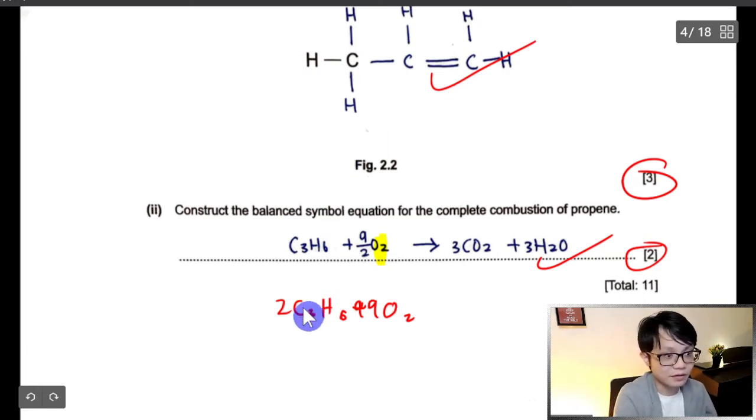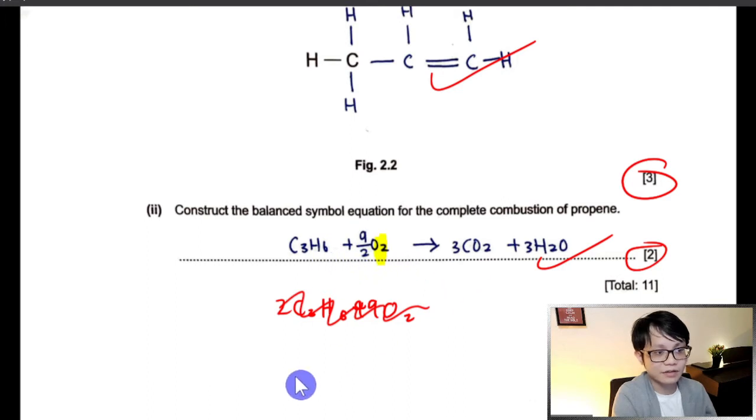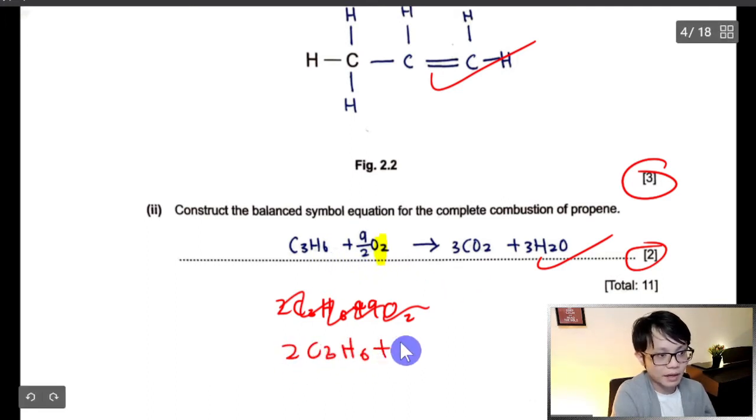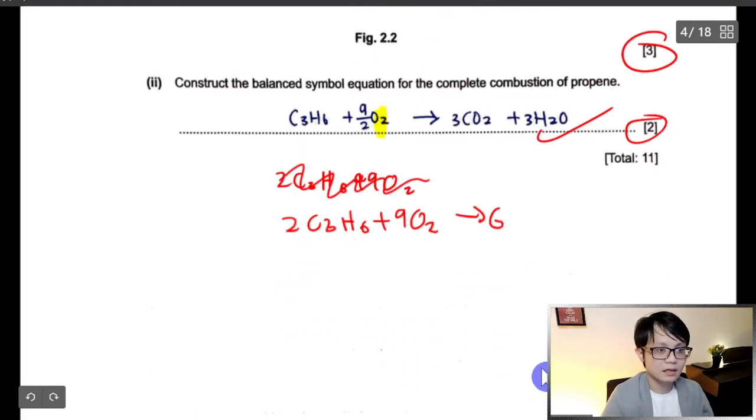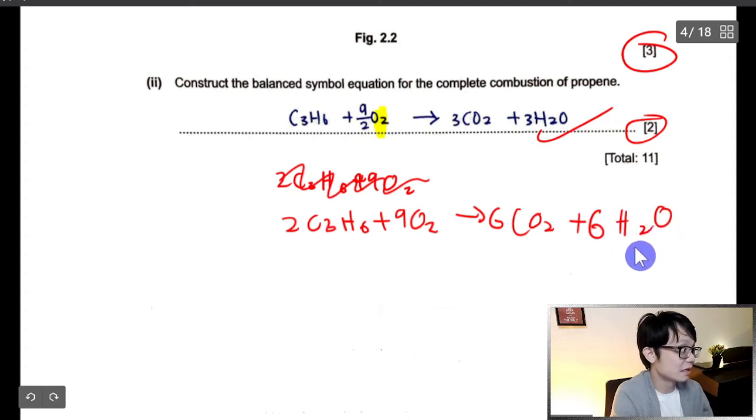For example, here is 2, so I times everything by 2. So 2C3H6 plus 9O2, 3 times 2 is 6, 6CO2 plus 2 times 3 is 6H2O. This is actually the answer in the marking scheme.